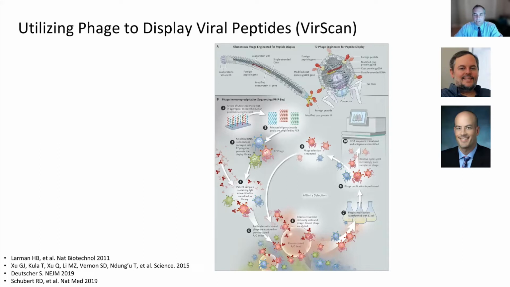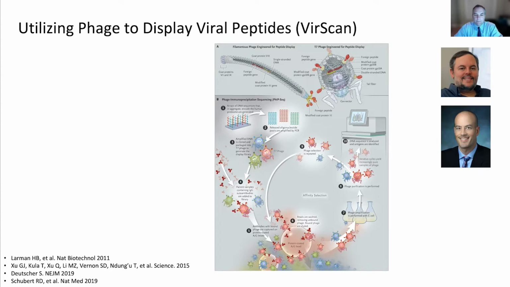And they use a technique called programmable phage display, in which DNA sequences of interest are designed and then synthesized and then cloned into the bacteriophage genome so that peptides encoded by those DNA sequences can be displayed on the surface of the bacteriophage.